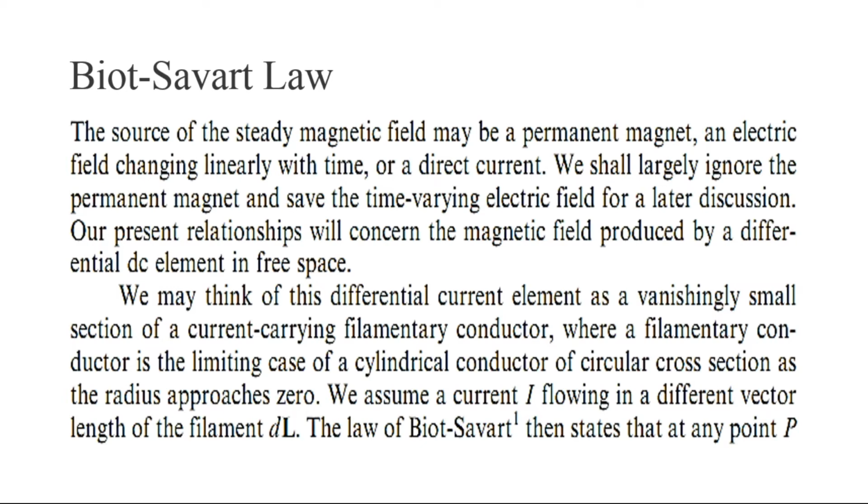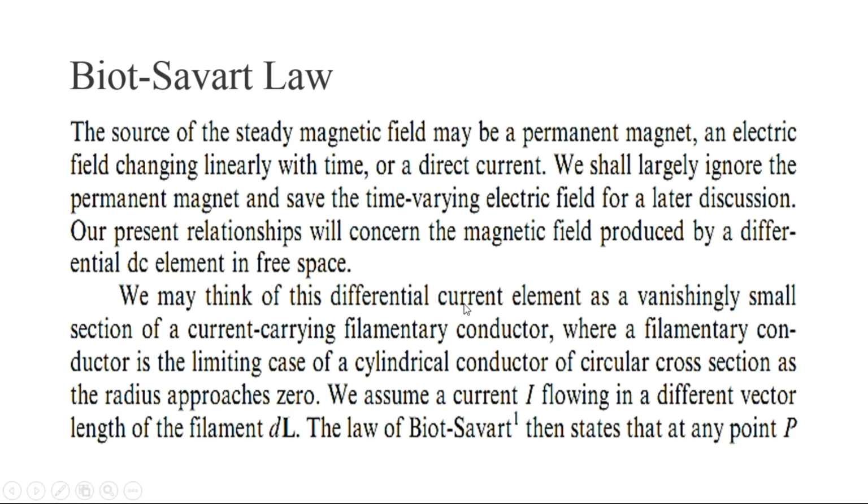So, a steady magnetic field may be produced by a permanent magnet, an electric field changing linearly with time, or a direct current. Now we will discuss the magnetic field being produced by a differential DC element in free space.